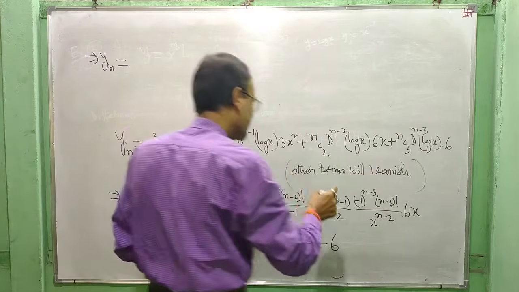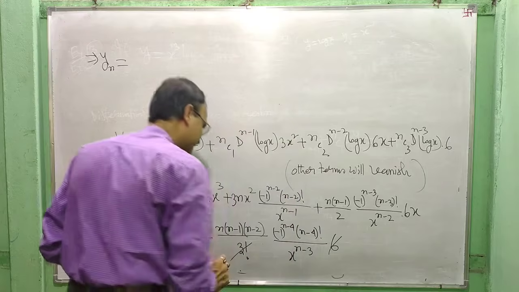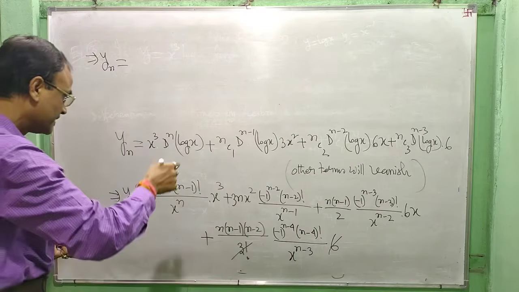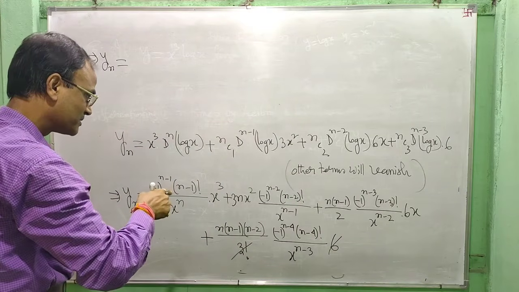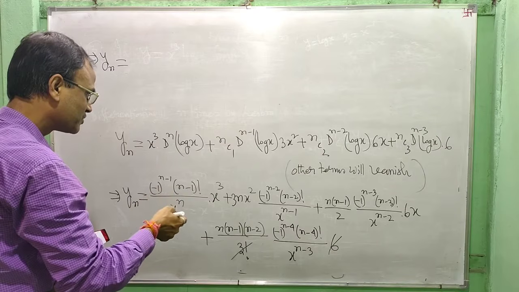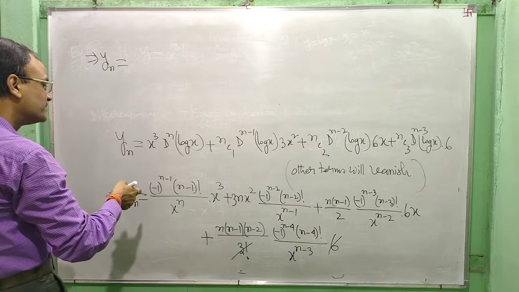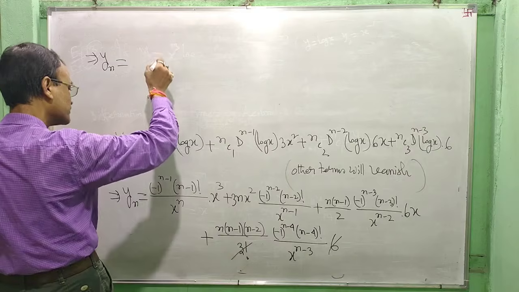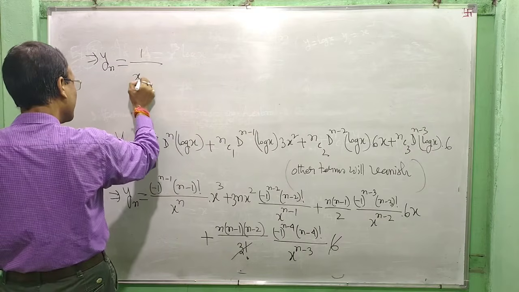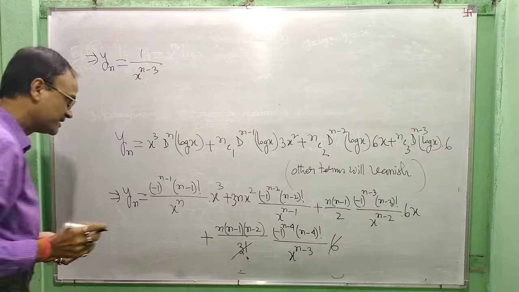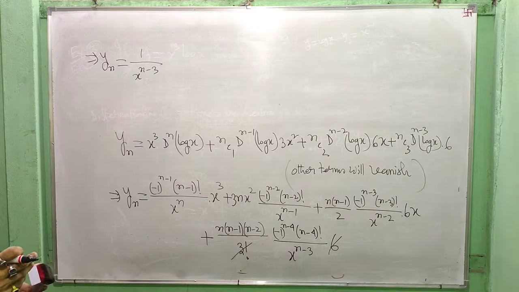Also here see this 6 will be cancelled. n minus 1 by x to the power n minus 3. This is common, x to the power n minus 3.